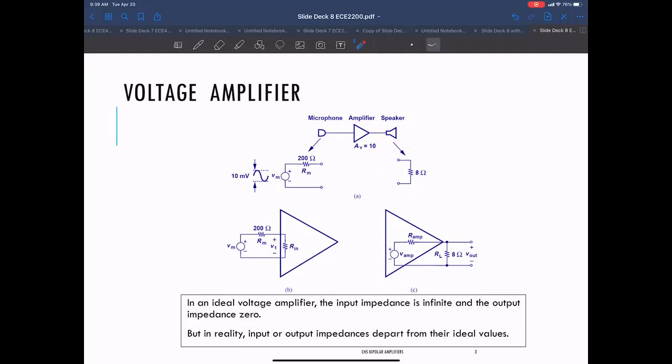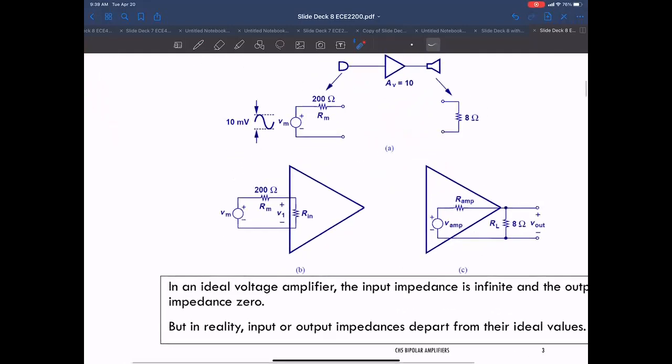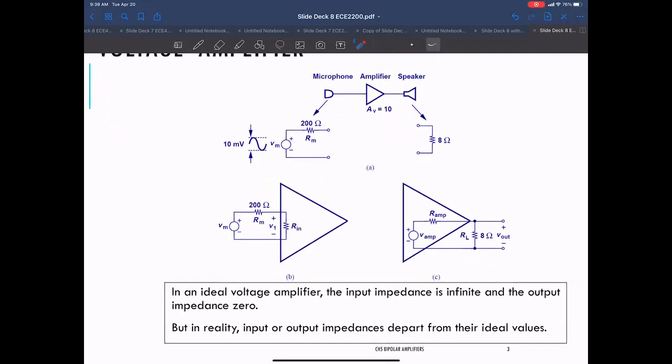Okay, if we dig into the amplifier, this is drawing the input stage of the amplifier. Just for the sake of discussion, let's say this amplifier was our simple common emitter amplifier.